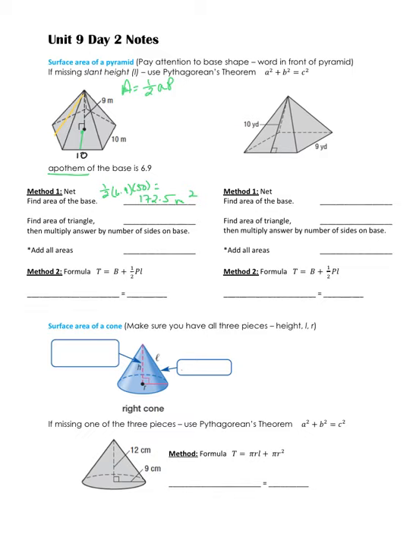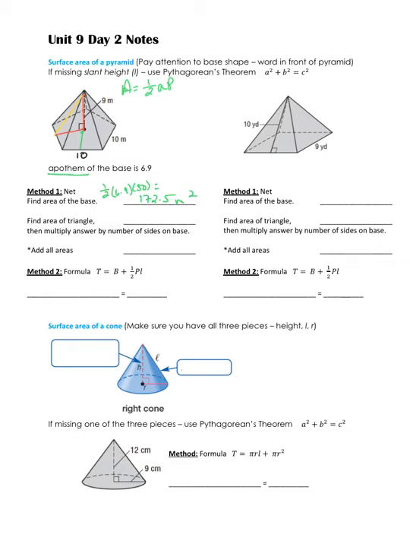To find that yellow line, you need to use Pythagorean theorem. You need to find, I'm going to put the triangle in red. The yellow line would be the hypotenuse of that right triangle I just drew you in red.